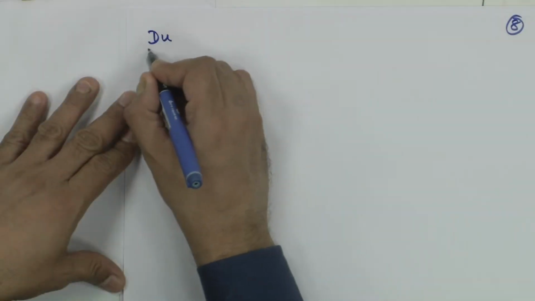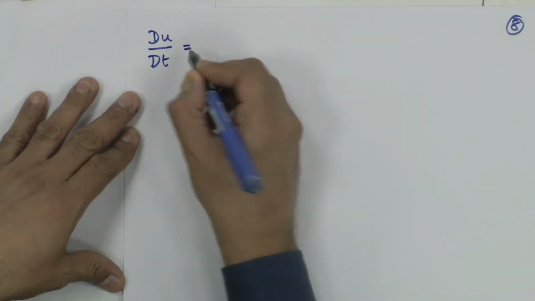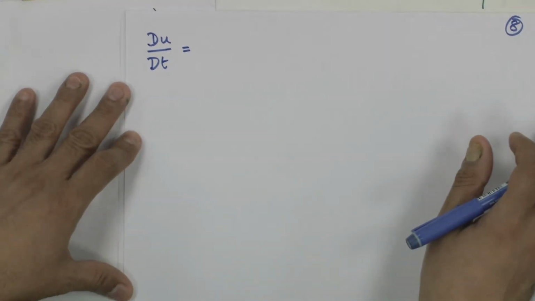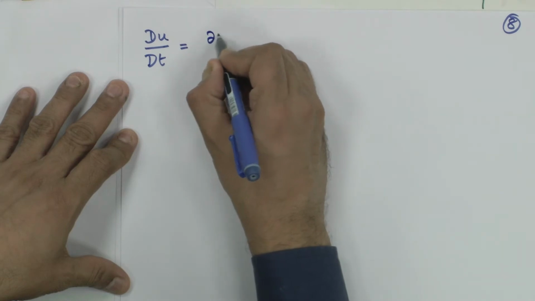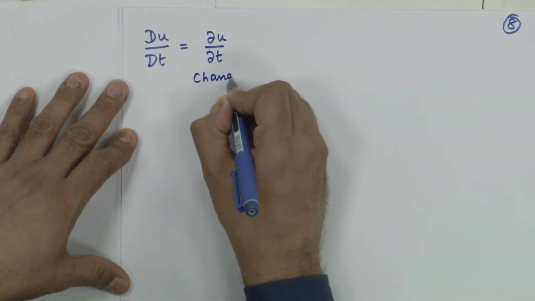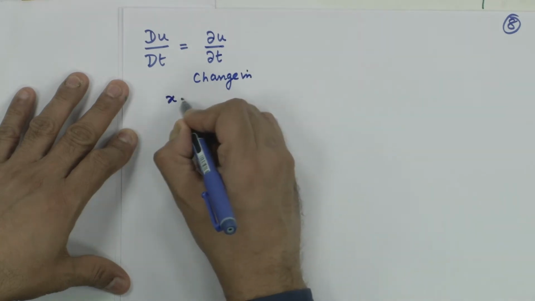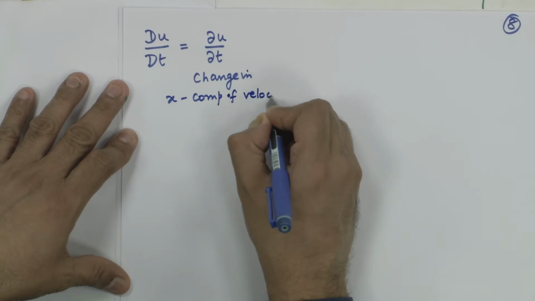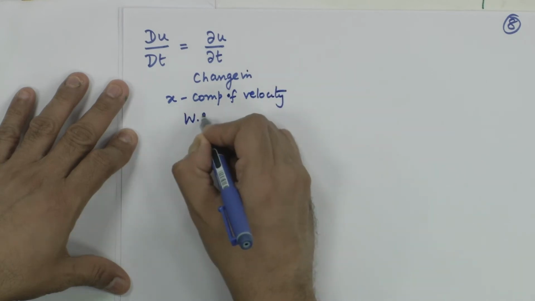I am going to write only for the x component. We will relate everything to the x component and then say that just as this, you would have the y and z component. This is nothing but du by dt, change in x component of velocity with respect to time.